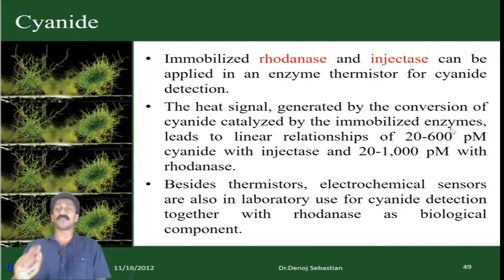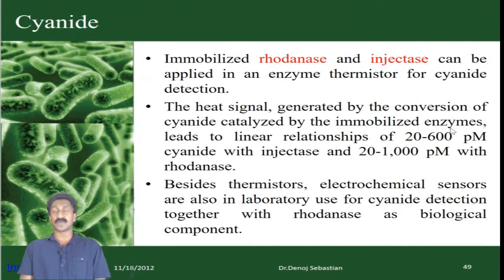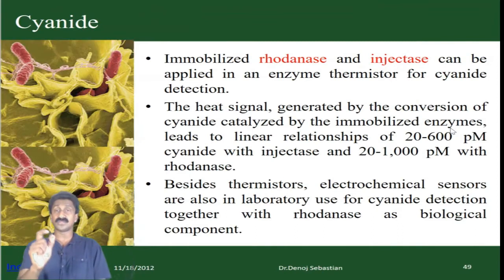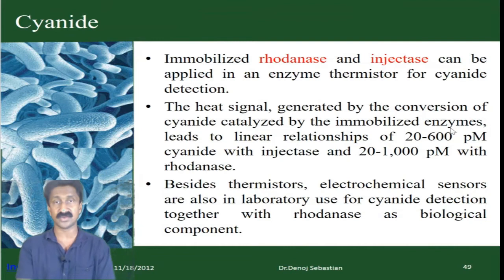The heat signal generated by the conversion of cyanide, catalyzed by the immobilized enzyme, leads to a relationship of about 20 to 600 picomolar cyanide with the injectase, and about 20 to 1000 picomolar with the rhodanase. And that is the actual detection range of the system.